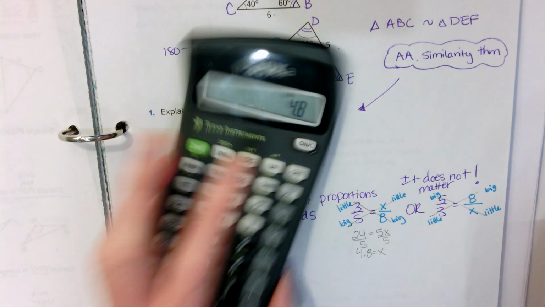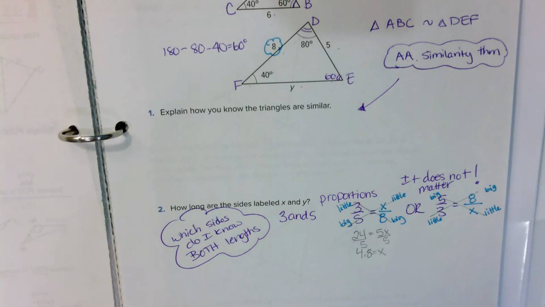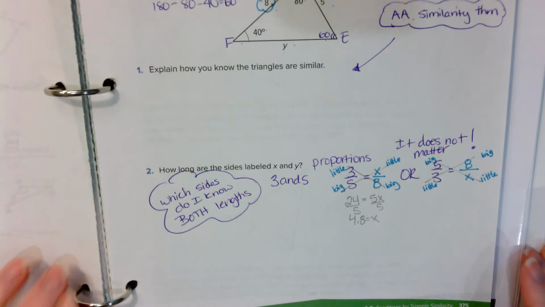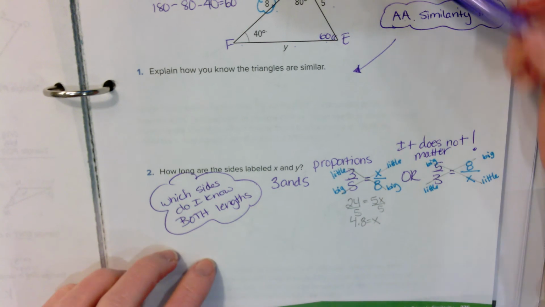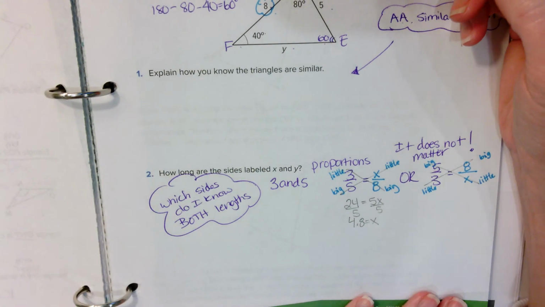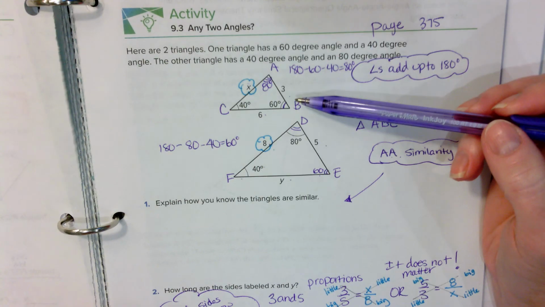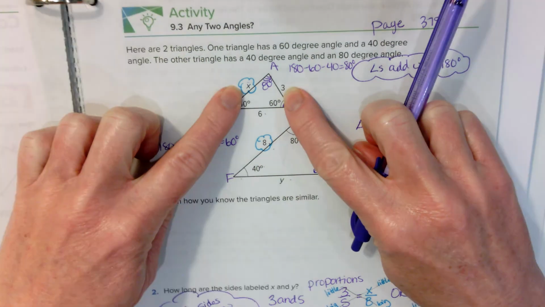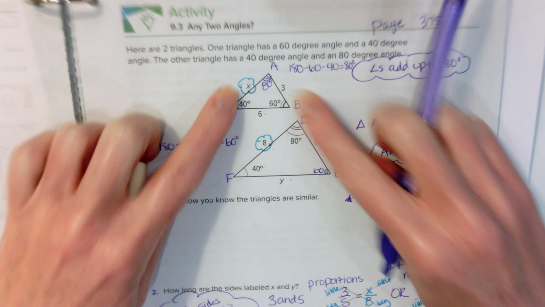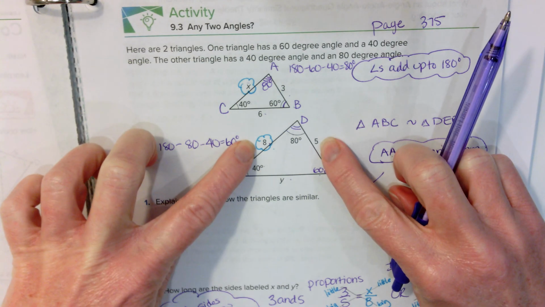Okay, in doing that, not to confuse you, but some students set up proportions differently. They think about the 3 and the x being in the same triangle and the 5 and the 8 being in the same triangle.